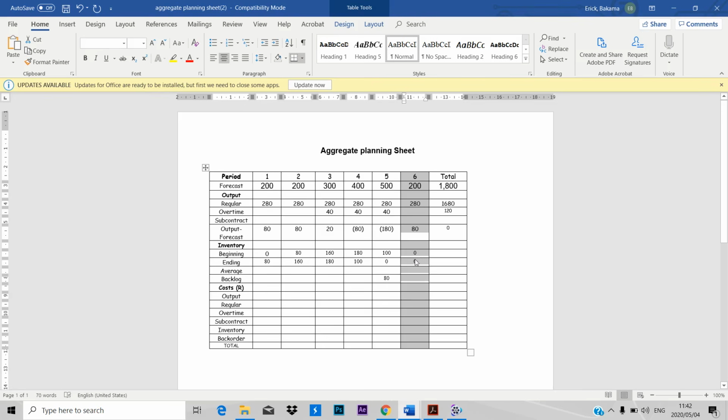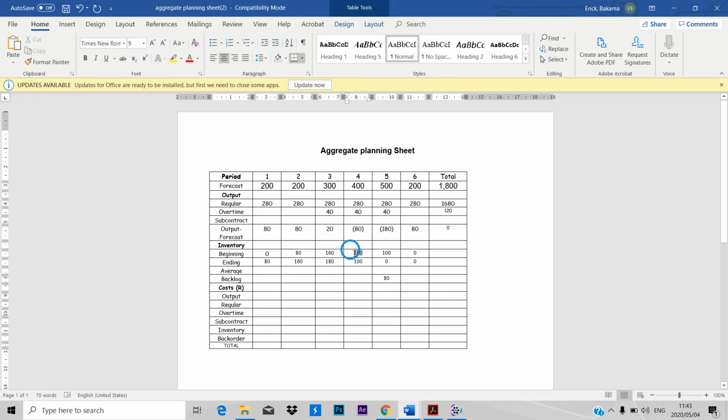So now I'm going to repeat myself again, mainly from period 3. From period 3, we have a 160 that is coming from period 2. And we produced an excessive 20 units plus the 160 that we already have, it will give us 180. This 180 in period 3 that we end up with, we're going to start with it in period 4, which will be 180.